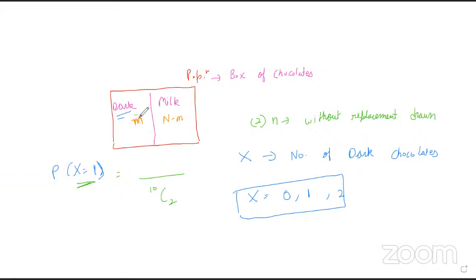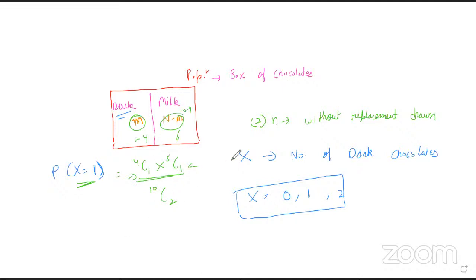We know that there are 4 dark chocolates in there, and we need to draw 1. So 4C1 to choose 1 dark chocolate. And of the remaining 6, that is 10 minus 4, we need 1 more. So 6C1. We need 1 dark chocolate, which means the other should be the milk one. And the total ways is 10C2.